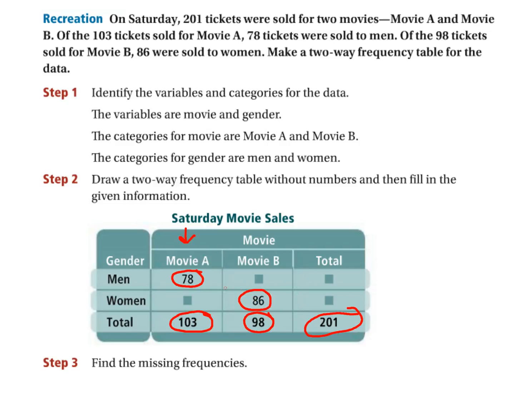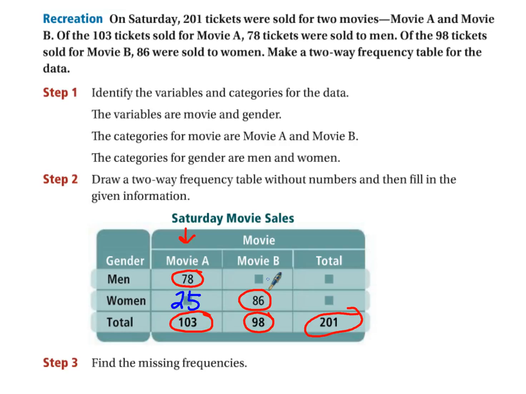So we made a two-way frequency table of the data. Next, we will find the missing frequencies. Because this column has a total, movie A has a total of 103, we don't know how many women, but we do know how many men, which was 78. So 103 minus 78 tells us that there were 25 women.